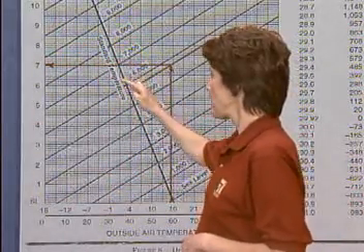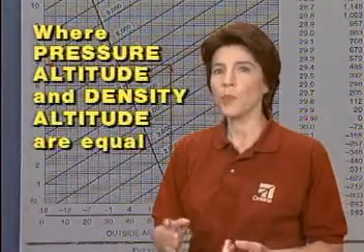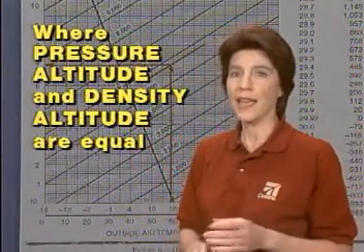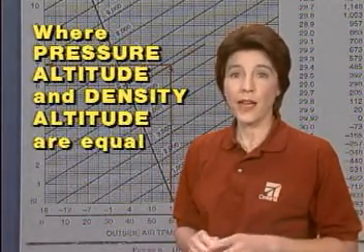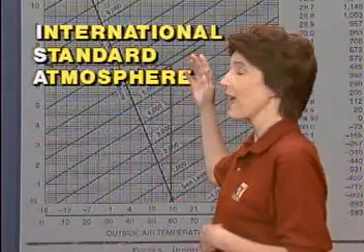And this line right here is the standard temperature line. It marks the temperature where pressure altitude and density altitude are equal. And by the way, this standard is international, so sometimes you'll see ISA for International Standard Atmosphere attached to the chart somewhere.